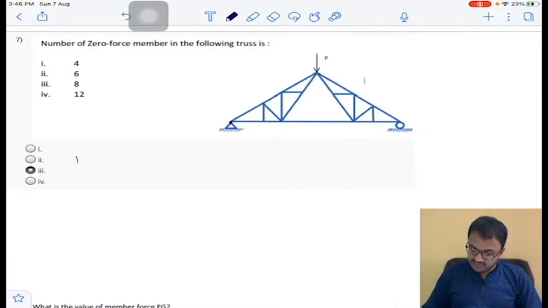For example, the first principle is when two members are meeting at a joint. Listen to this and write this statement.